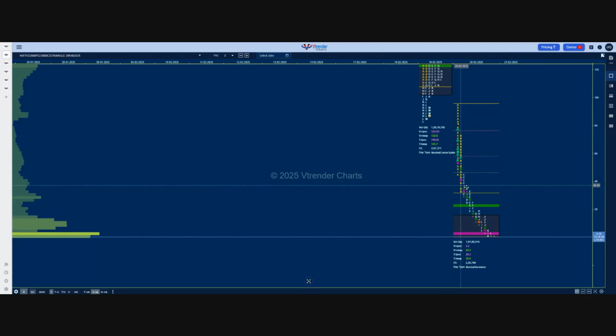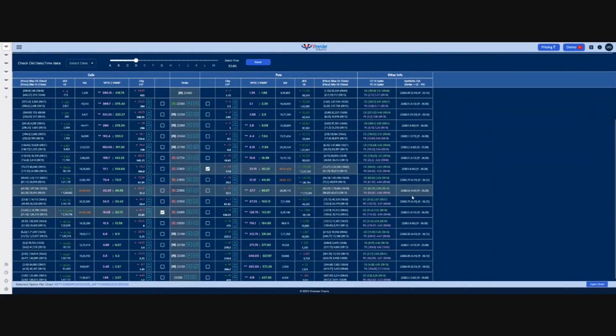And yes, this is definitely not going to give you many points, but this is relatively lower risk because it has more probability of closing at 0, because these are out of the money options, and out of the money options on an expiry day will keep losing premium even if the market is not moving out of that range. So the same thing happened here. You went on to get 0 in this strangle. So this is how you can open up the strangle chart using the options table.